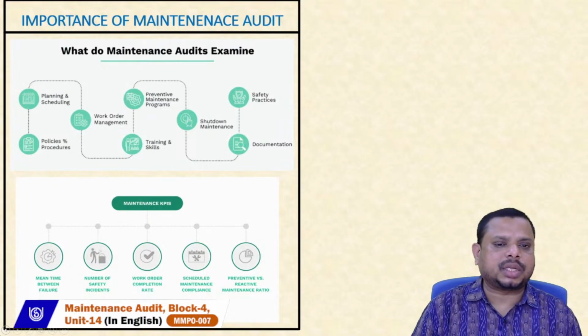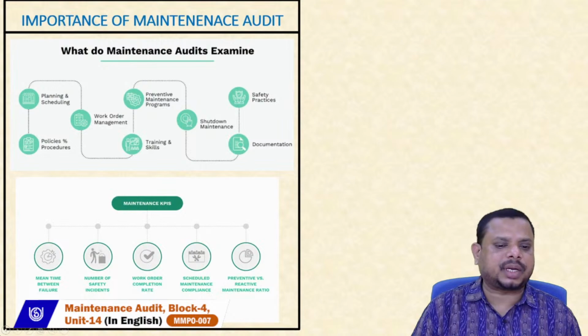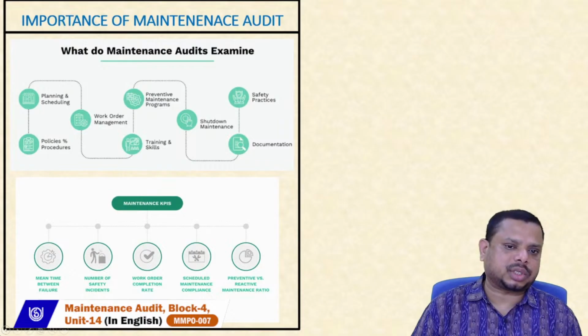Then work order completion rate from department to department, then scheduled maintenance compliance with respect to preventive, proactive, and condition-based maintenance. They also go for preventive versus reactive maintenance ratios. So these key performance indicators of maintenance should be audited during the maintenance audit process.